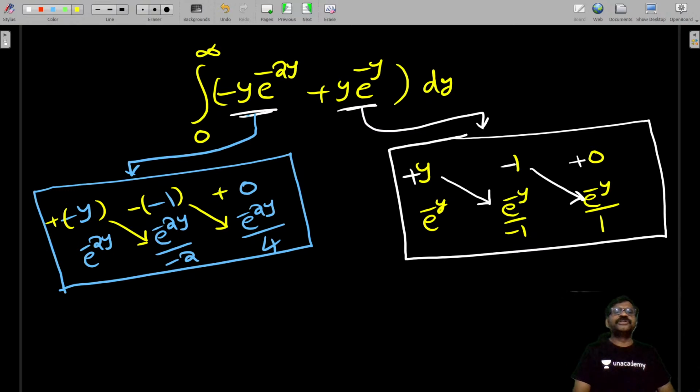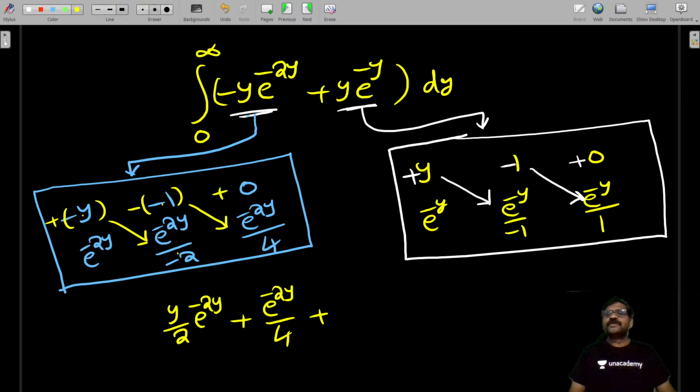Now continuation. Minus y into e power minus 2y by minus 2, that is plus y by 2 into e power minus 2y, minus of minus plus e power minus 2y by plus 4, that is first term.